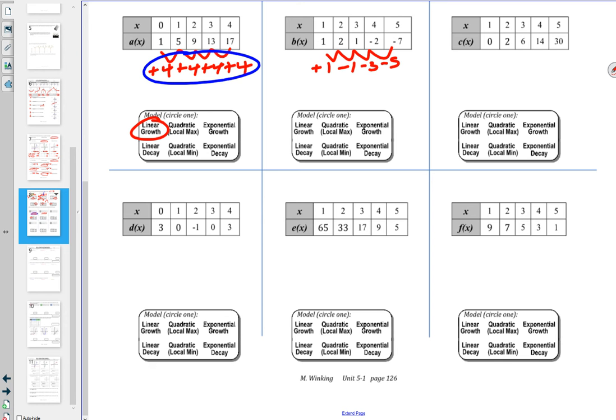So let's see here. To get from 1 to negative 1, what should you be doing? To go from 1 to negative 1, you're going down 2. To go from negative 1 to negative 3, what are you doing? Going down 2. To go from negative 3 to negative 5, what are we doing? Going down 2.